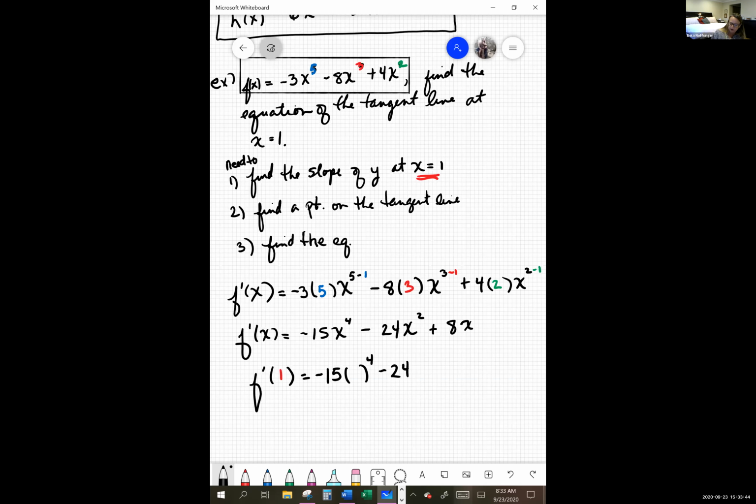So I have negative 15 minus 24 plus 8. Negative 15 minus 24 is negative 39. Negative 39 plus 8 is negative 31. So right here is our slope of our tangent line at x equals 1.